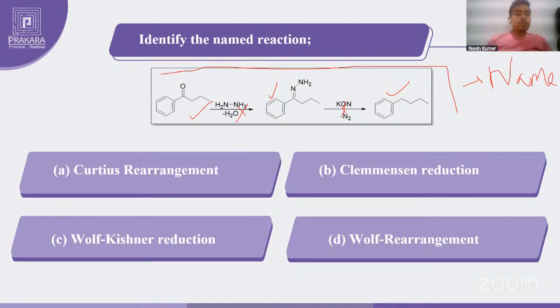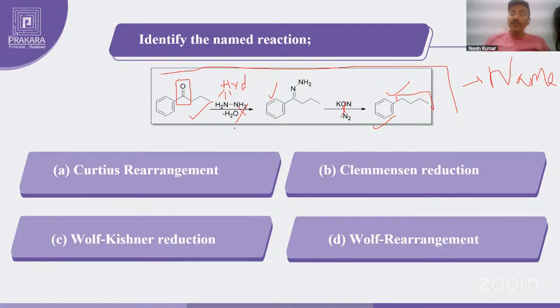So here you can see a carbonyl group is being converted into an alkane moiety. Means a carbonyl, that is a ketone, is being converted into an alkane. In hydrogen, see dear, NH2 NH2 is hydrogen. Hydrogen is being used, and the carbonyl is being converted into the alkane. So what will be the name of this reaction?